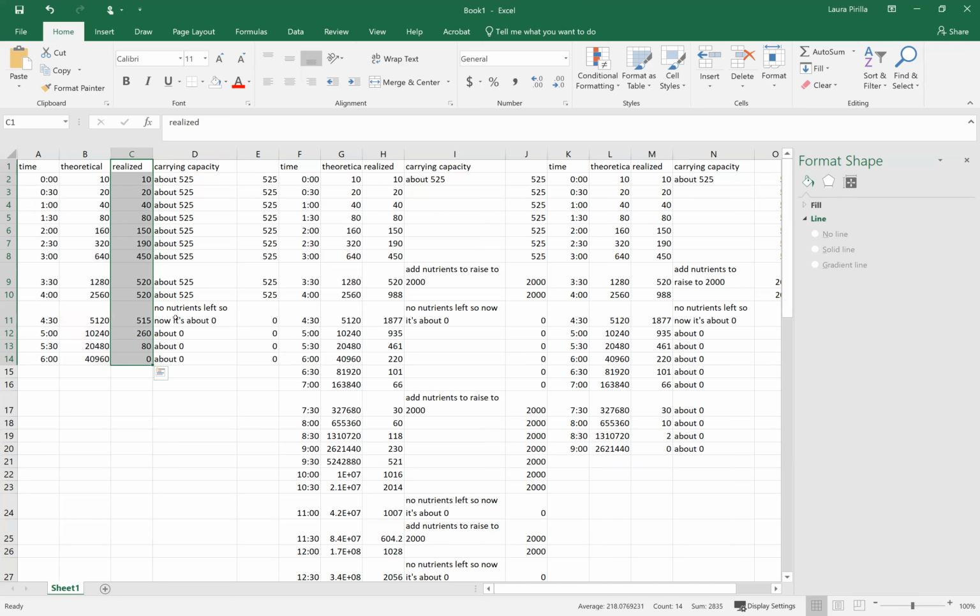Then you get to a certain point where you've got a depletion of nutrients. So now the carrying capacity is zero because there's nothing left to feed the bacteria in the culture. So as you see, our carrying capacity goes from 525 sharply down to zero because there is now nothing left in that environment to support life.